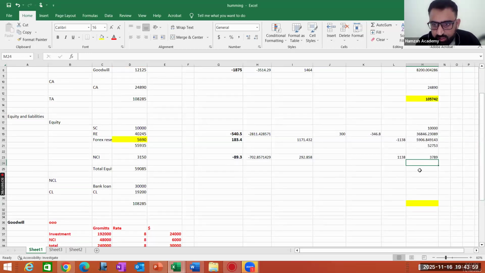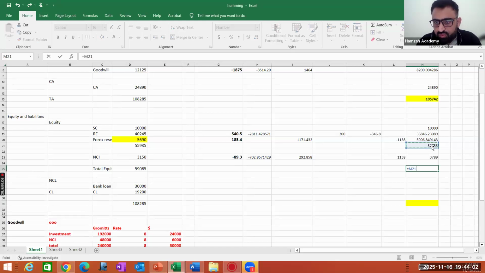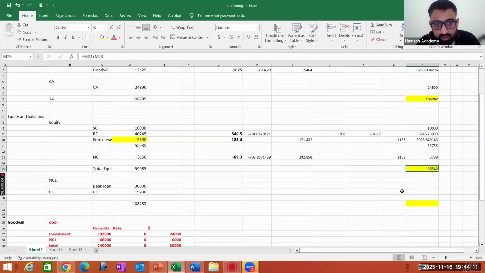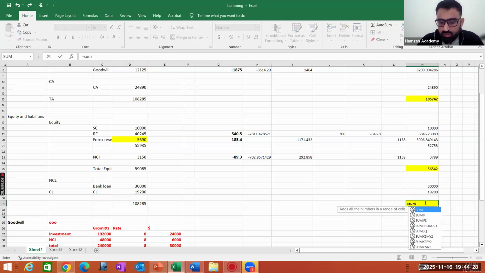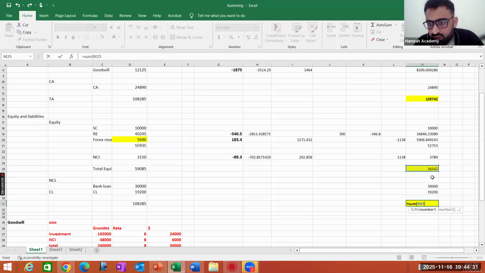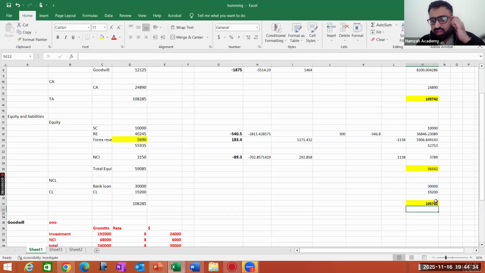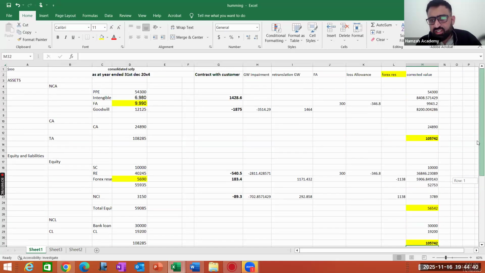So the total equity value now will become equal to 5642. There will be no change in the bank loan. It was 30,000, it will be 30,000, and there is no change in our current liabilities, which are 19,200. So the total equity and liabilities will become 105742.